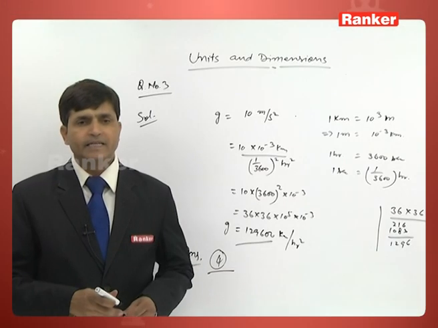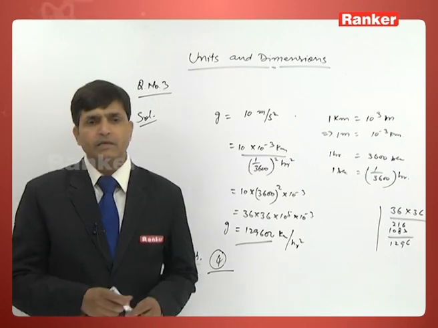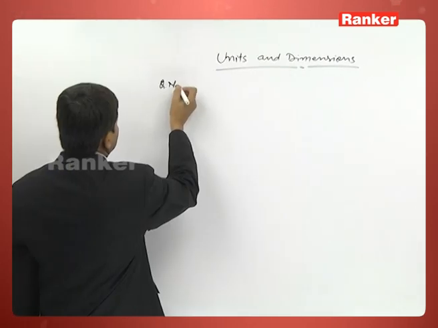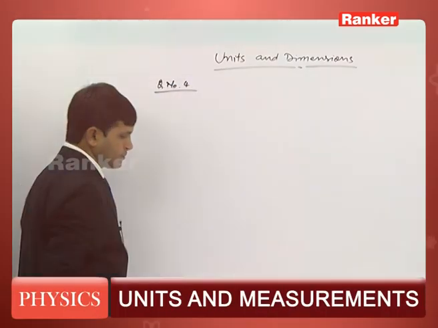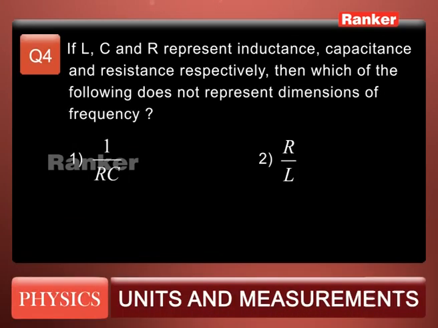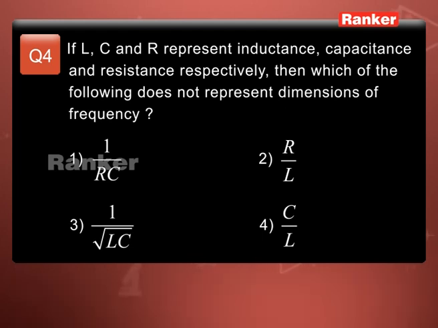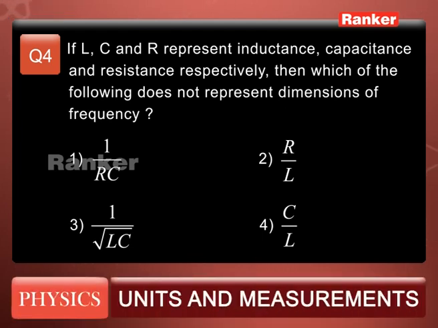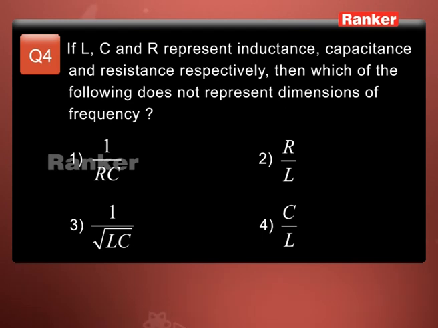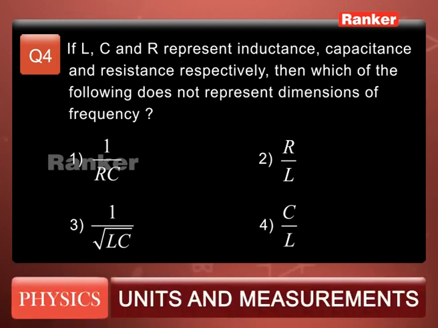Now come to the next problem, question number 4. The question is: if L, C and R represent inductance, capacitance and resistance respectively, then which of the following does not represent the dimension of frequency?